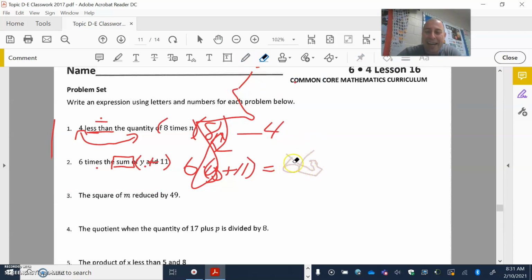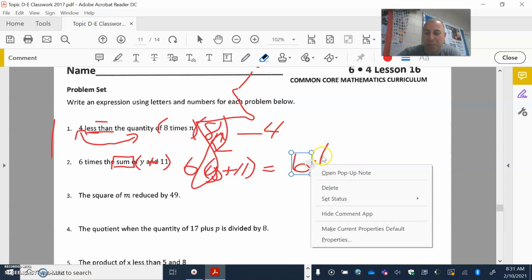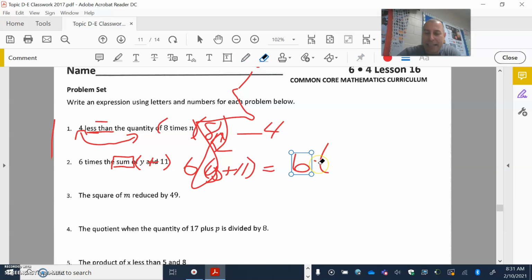Number up against parentheses does mean to multiply. So that's something that we try to get in the habit of doing, not having that little dot there to show your multiplication.